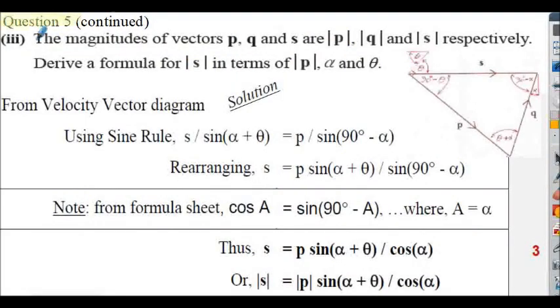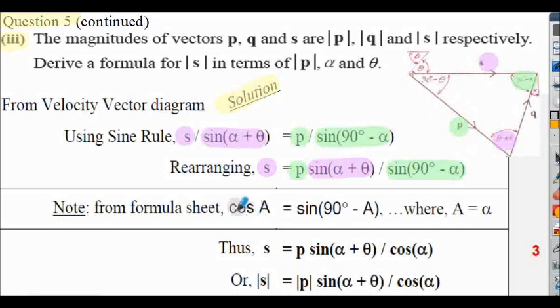So question 5 part 3, here's the solution. Here's our sine rule applied, S divided by sine of alpha plus theta, this angle here, is equal to P, shown here, divided by the sine of 90 degrees minus alpha, this angle here. We simply then rearrange for S by multiplying throughout by the sine of alpha plus theta.